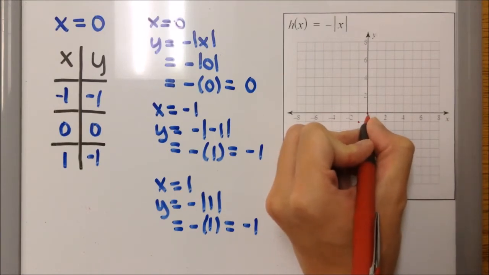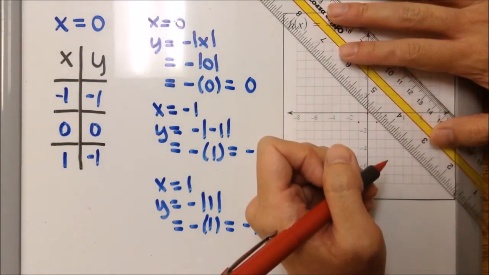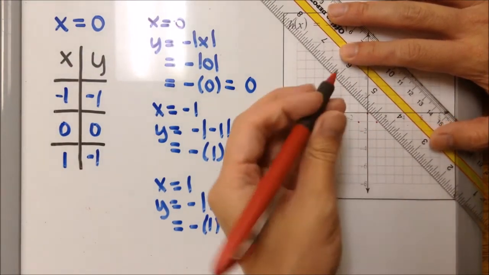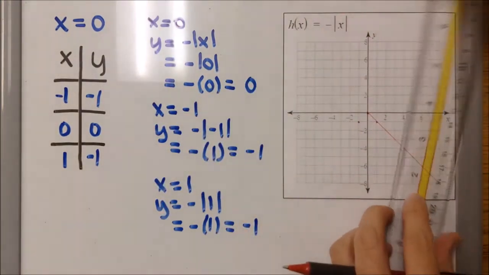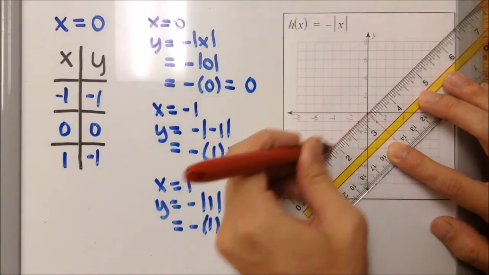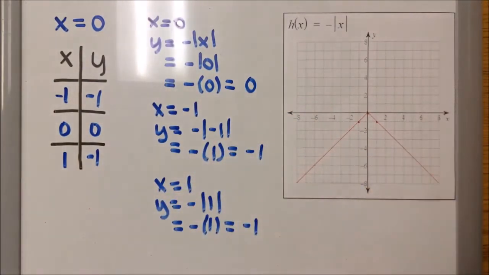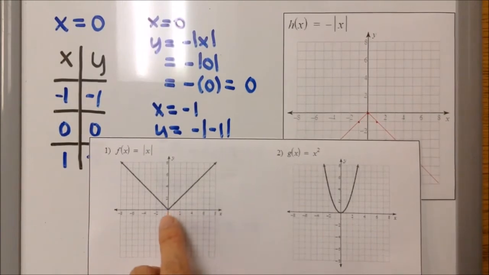So since this is the vertex, the center, that means that it should look like a V. Absolute value graph should look like a V. So here's the right side. And then the left side. So we compared that graph with this parent function graph right here.